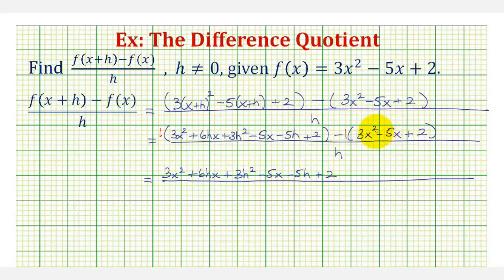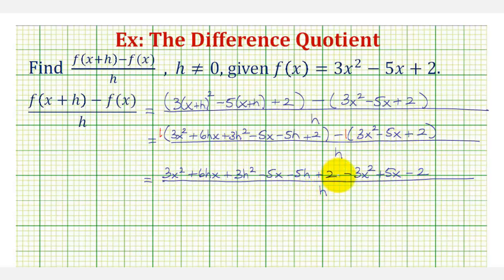But when we distribute negative 1, it's going to change the sign of each of these terms. So we'll have minus 3x squared. Negative 1 times negative 5x is plus 5x. And negative 1 times positive 2 would be minus 2.